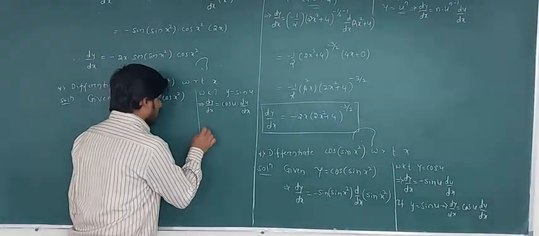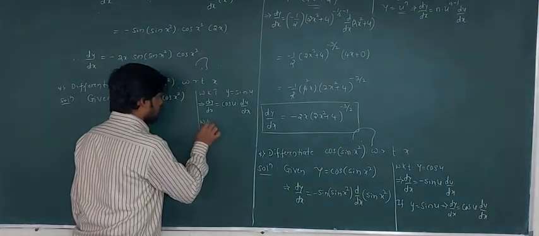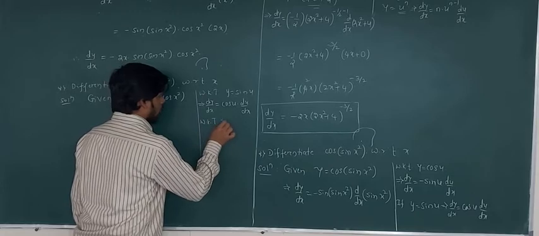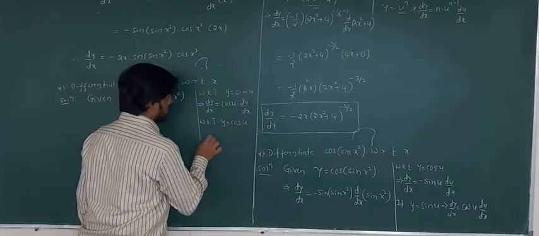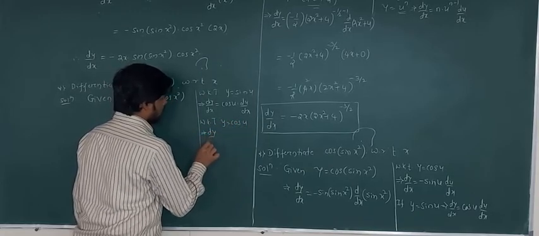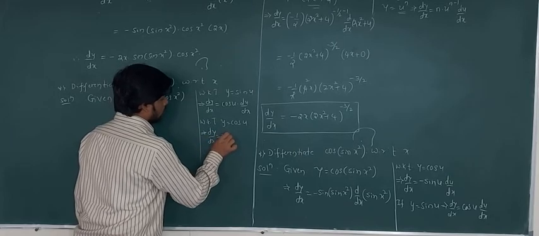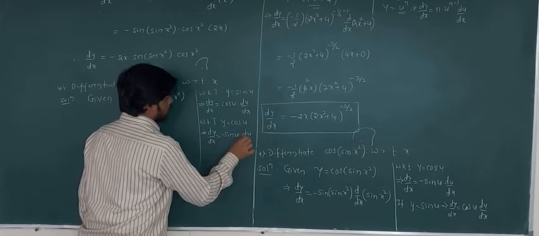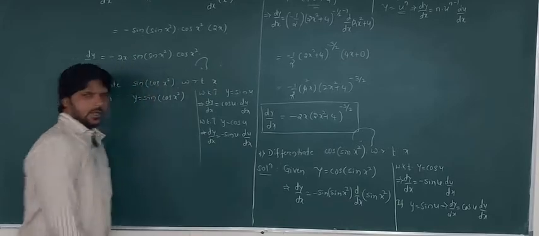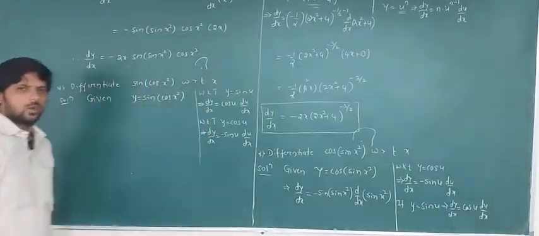And also we know that y equal to cos u, then derivative of this function dy by dx is equal to minus sin u into du by dx. By using these two formula, we are going to solve this one.